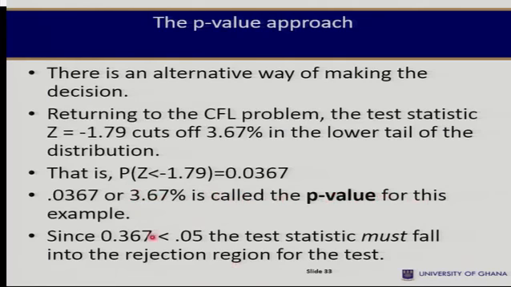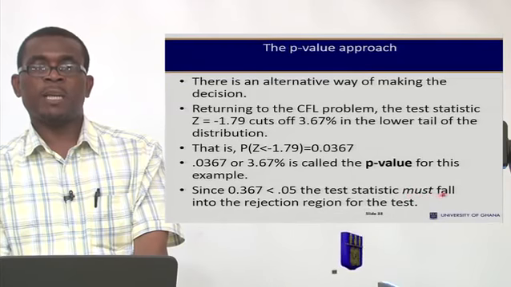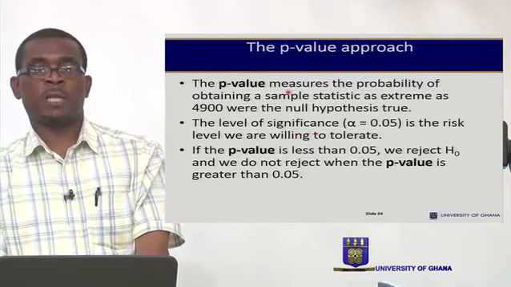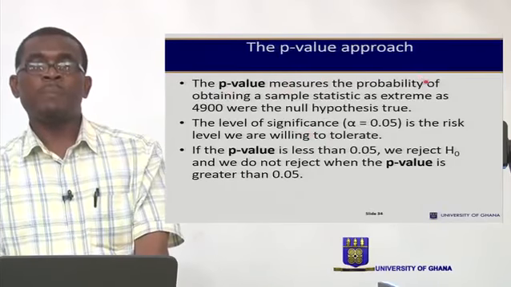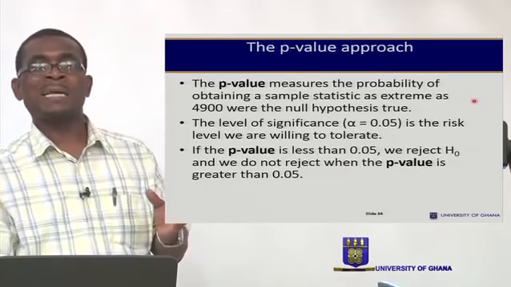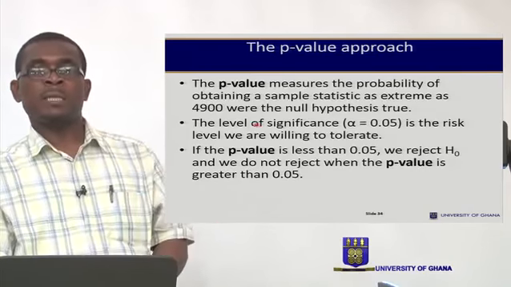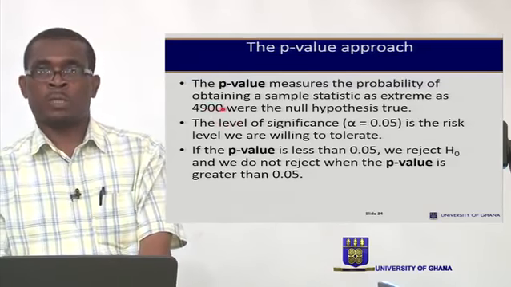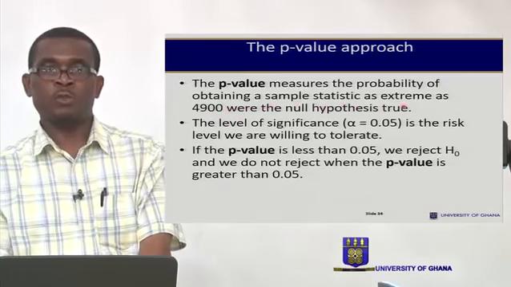Now, since the p-value that we have obtained is less than 0.05, the test statistic must fall into the rejection region. What does the p-value measure? It measures the probability of obtaining a sample statistic as extreme as the 4,900 that we got were the null hypothesis true.